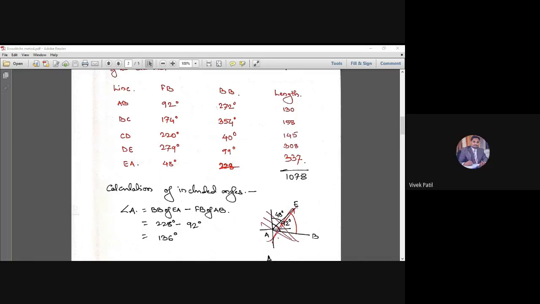Yes. It is wrong. Sir, back bearing of CD minus front bearing of D.